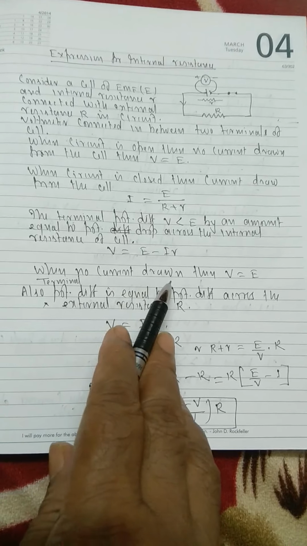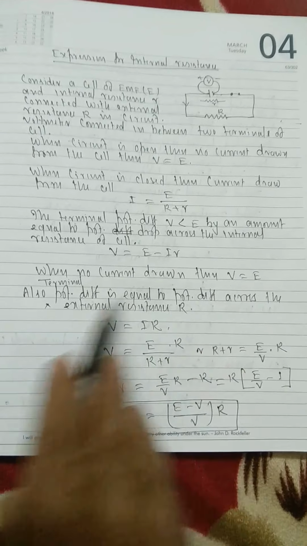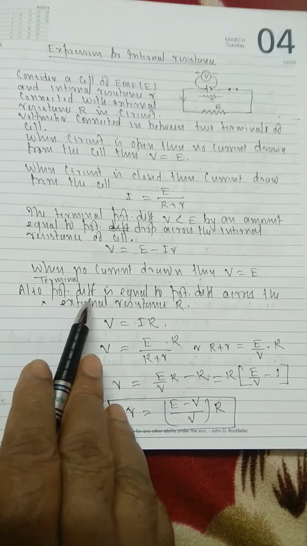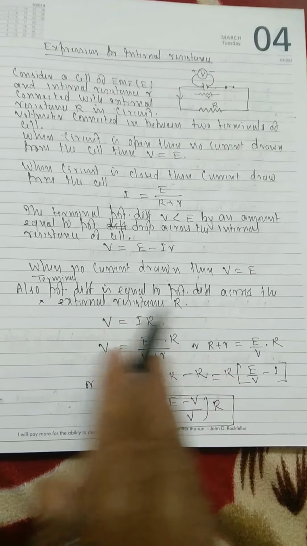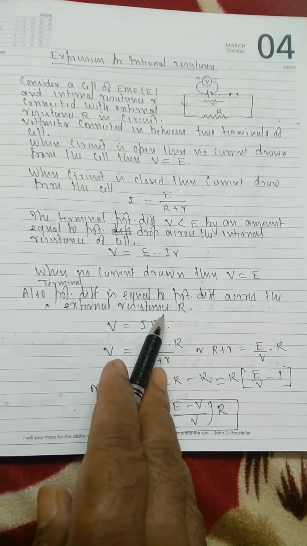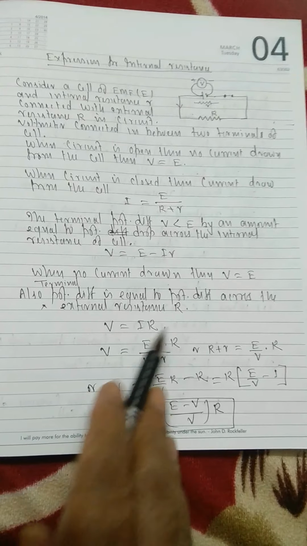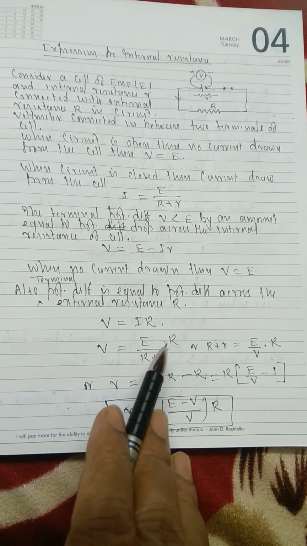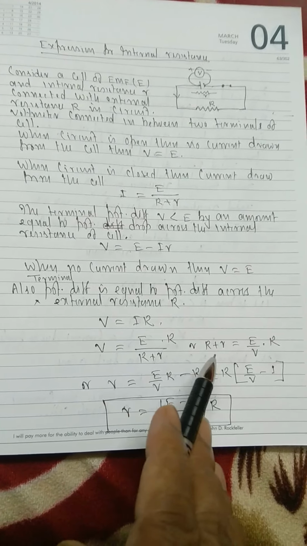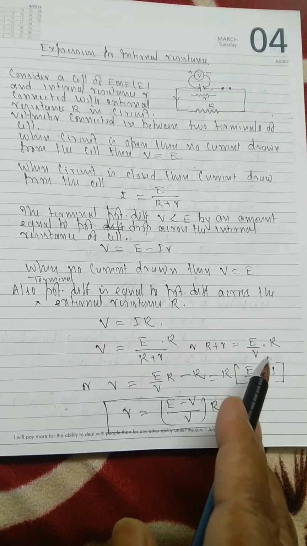When no current is drawn, V equals E. Also, the terminal potential difference is equal to the potential difference across the external resistance R. So V equals IR and V equals E by R plus r into R, or R plus r equals E by V into R.